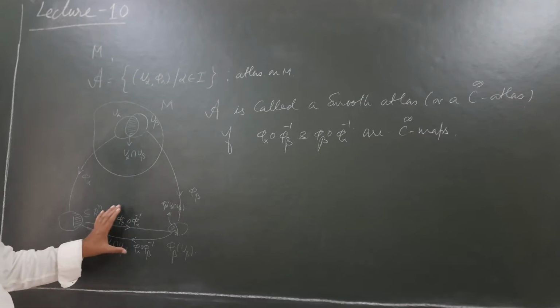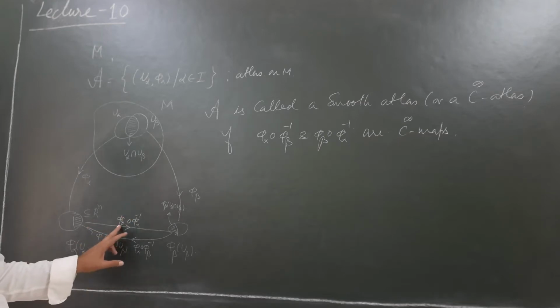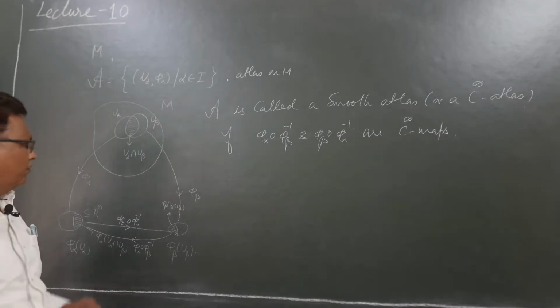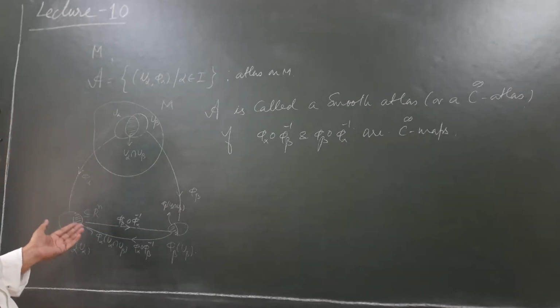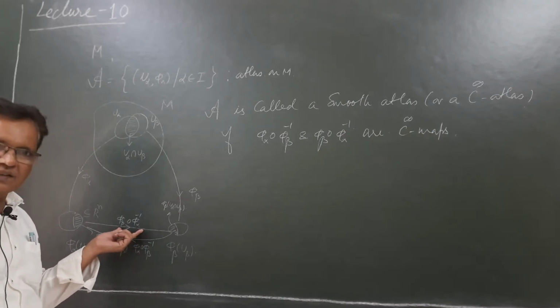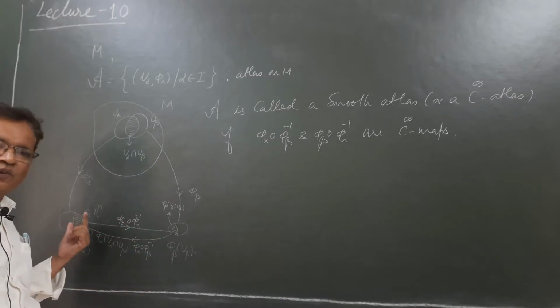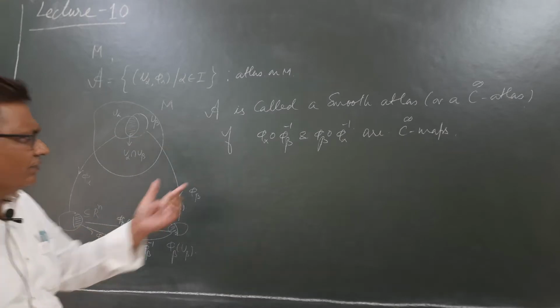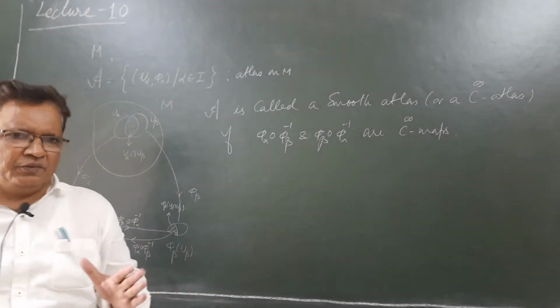So, we can also say that this map is a diffeomorphism. Because a homeomorphism tells you that these maps are one-one and continuous. We are further demanding that they should be differentiable and the other way around also differentiable. So, practically speaking, we are asking that these maps are diffeomorphisms.